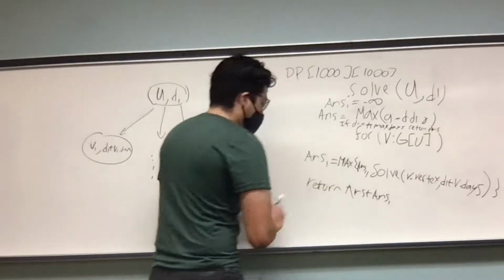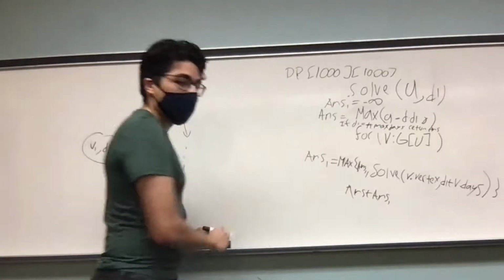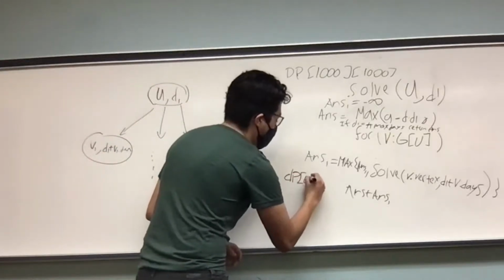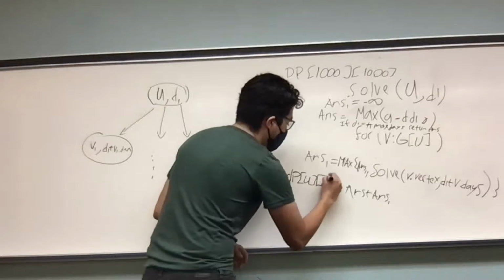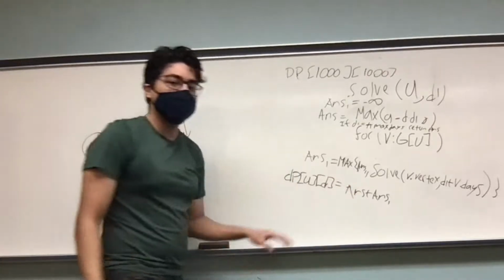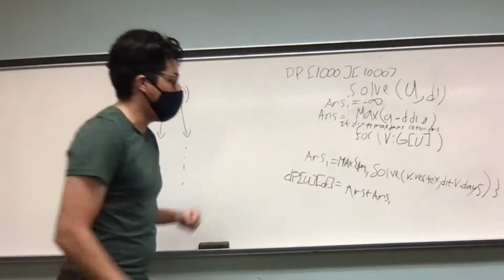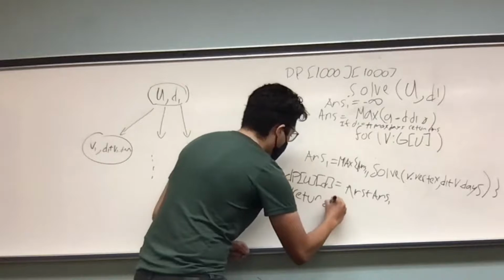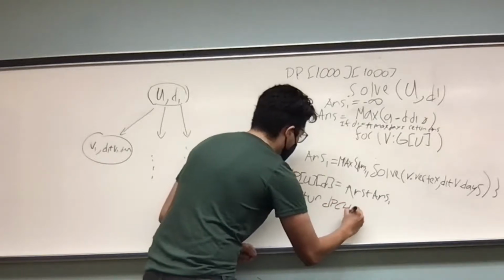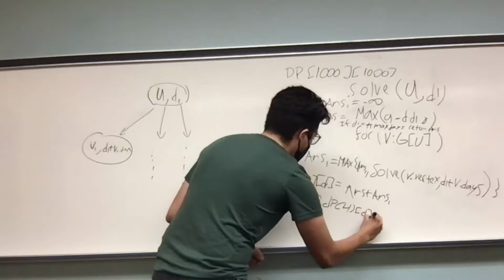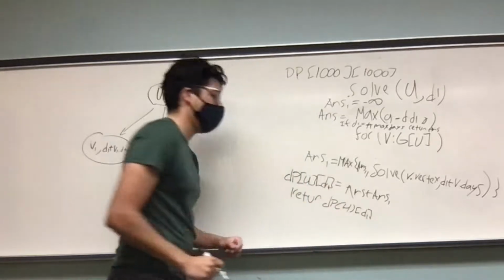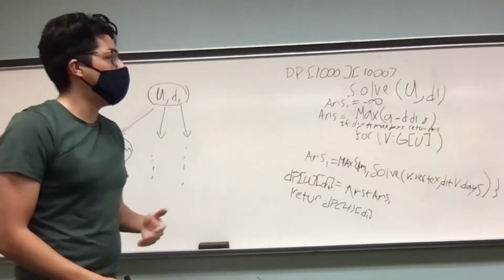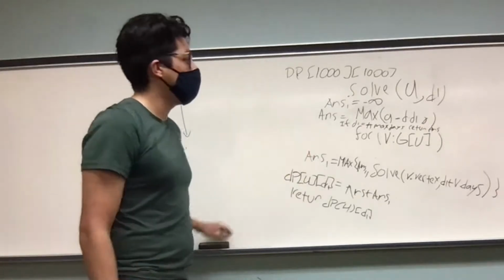First, our solution to dp at u, d1 would be equal to this, and then we'll return this solution. So we store the actual solution so we don't have to recompute it, and now we add another base case.